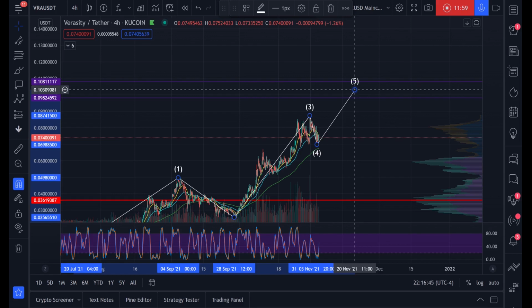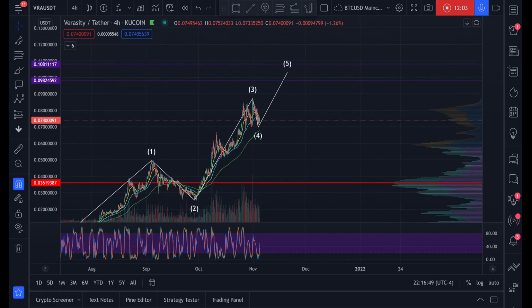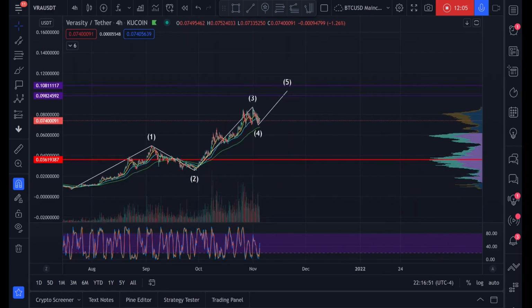And this is why my prediction for this asset on the top of the fifth wave is 10 cents. Granted, you're going to have an A correction and a B correction, and B may come all the way to the 10.8. So just somewhere in that region, okay?